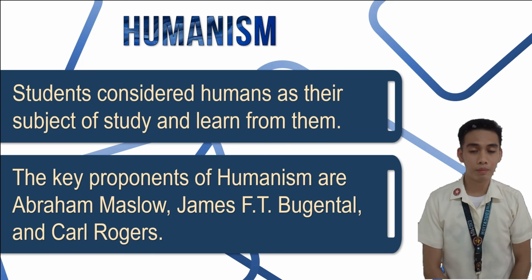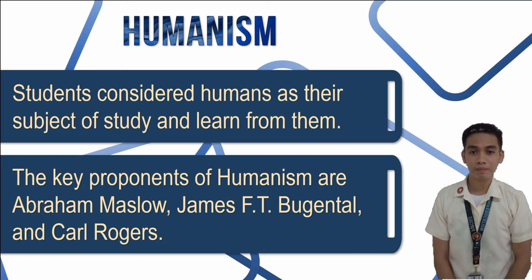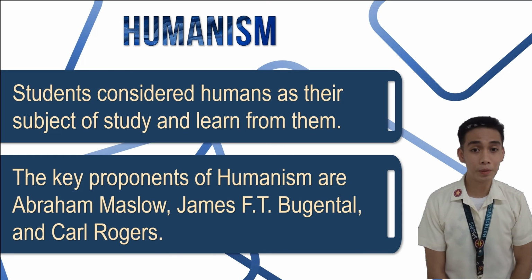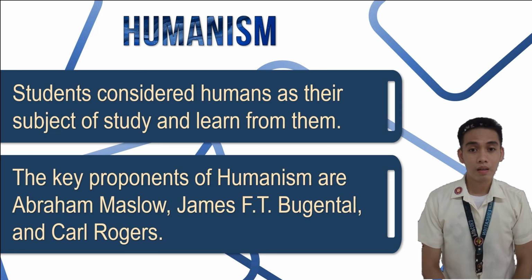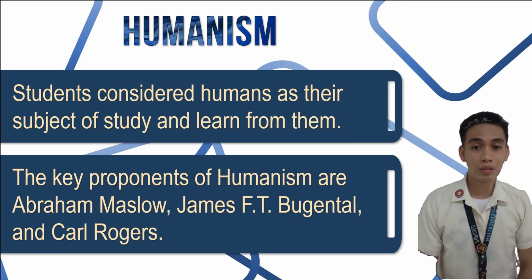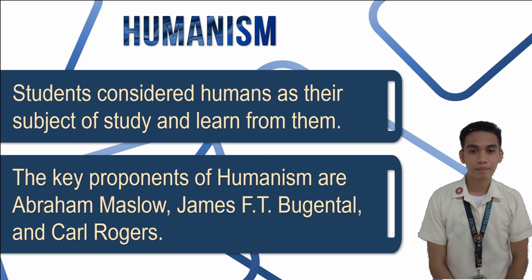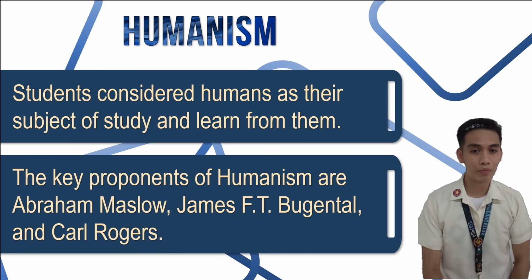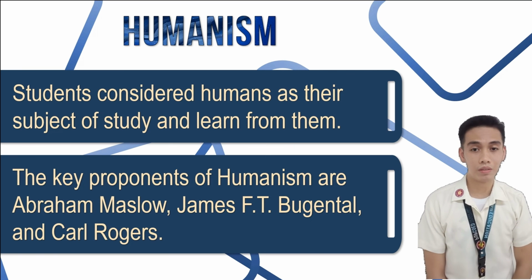Okay, Jubilee, please remain standing. What is humanism? Very good, so humanism is all about human. Because according to this theory, students consider human as the subject of their study. So, if I were you, Jubilee, please have many friends in your life.